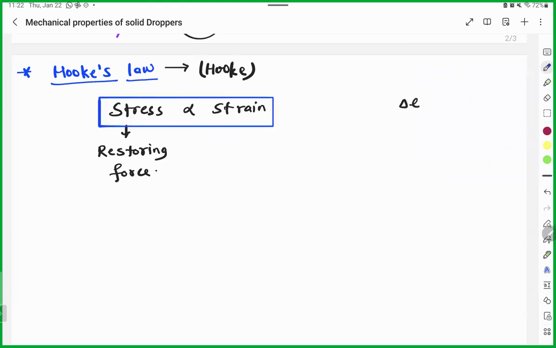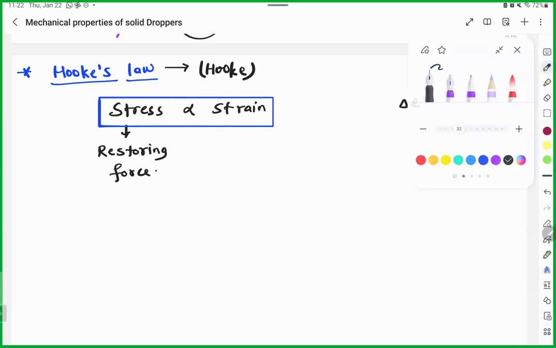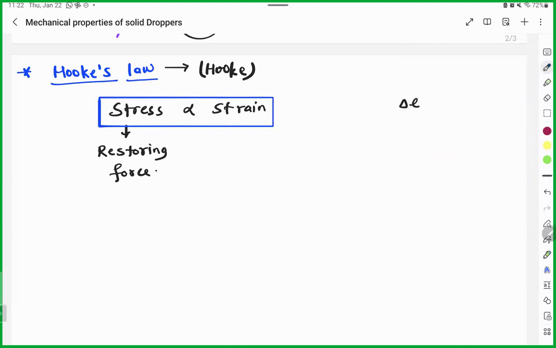Stress is directly proportional to the strain. Strain means increase in length. Let's take only the length part. Increase in length, stress, restoring force. More restoring force will act if you increase length. Understood, guys? So can you repeat that again, sir? If you increase length, you take longitudinal strain, for example.